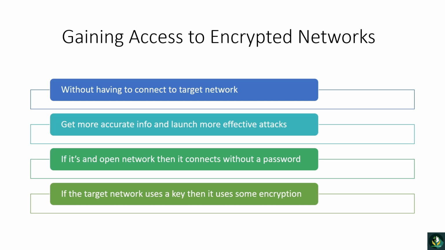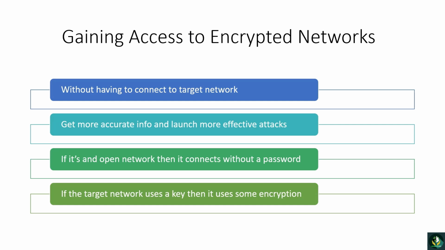But the problem is that if the network uses encryption such as WEP, WPA or WPA2, as we have seen, if we try to sniff the data, the data will be encrypted, and if we want to decrypt it, then we need to know the key.